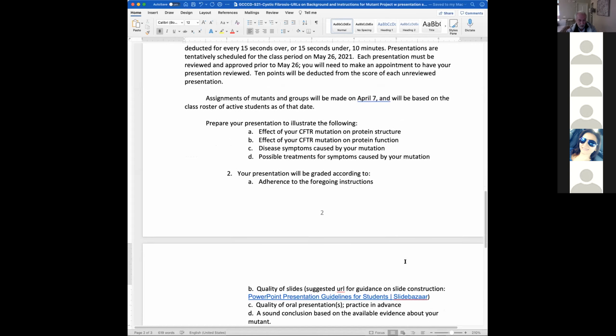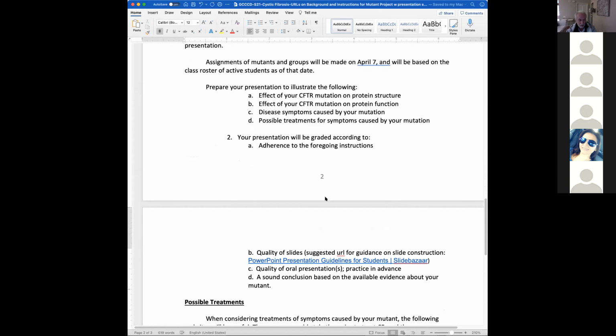Then the grading will be done according to how well you adhere to these instructions. The quality of the slides. Here's a website that Scott suggested that you might get good advice on how to make a good slide as opposed to a bad slide. You'll be graded on the quality of your oral presentation.